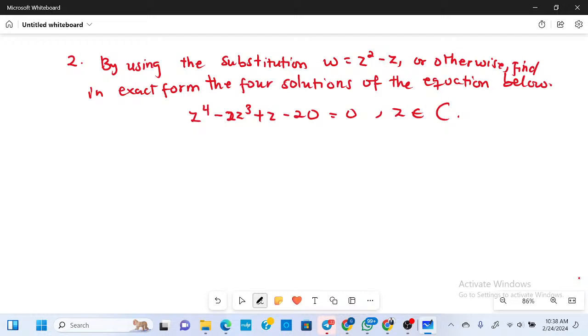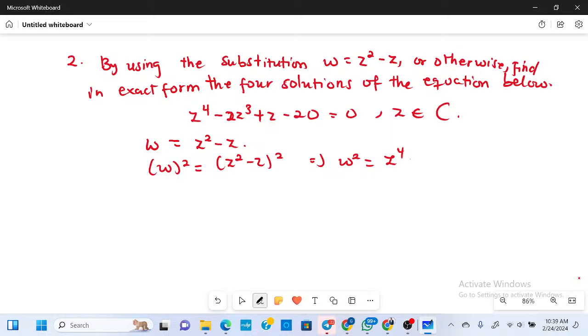So let's solve this problem. We are substituting W is equal to Z squared minus Z. Now let's square W. So W squared will be equal to (Z squared minus Z) all squared. And this will give me W squared is equal to Z to the power 4.